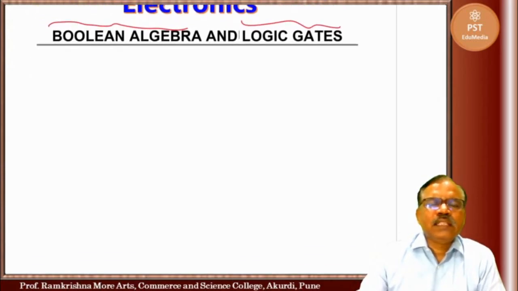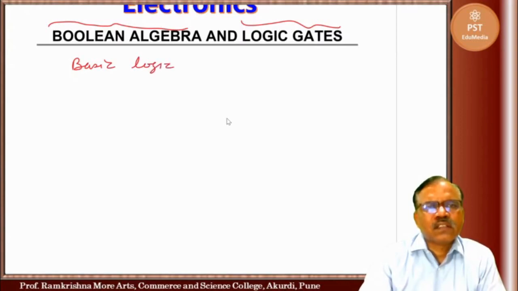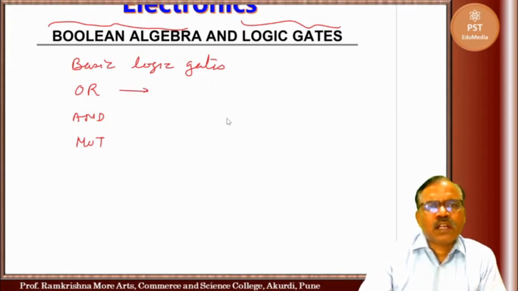Now, in digital electronics, we have basic logic gates. That is OR gate, AND gate, NOT gate. The symbol for OR gate is like this.